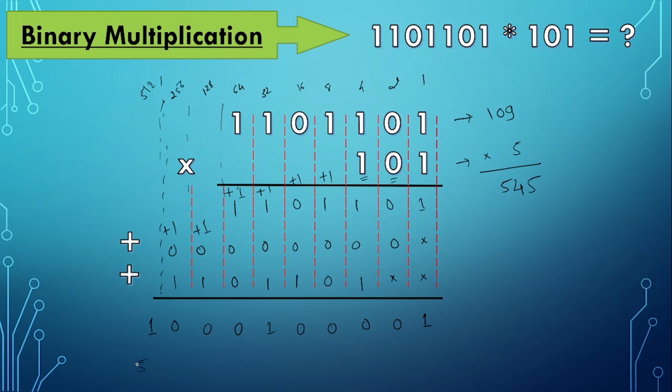So as you can see, this is 512 plus all these things are 0. The next addition will be 32 plus all these things are 0, and next addition will be 1. So 512 plus 32 plus 1 will be 545. So in this way you can verify whether the calculated answer is correct or not.